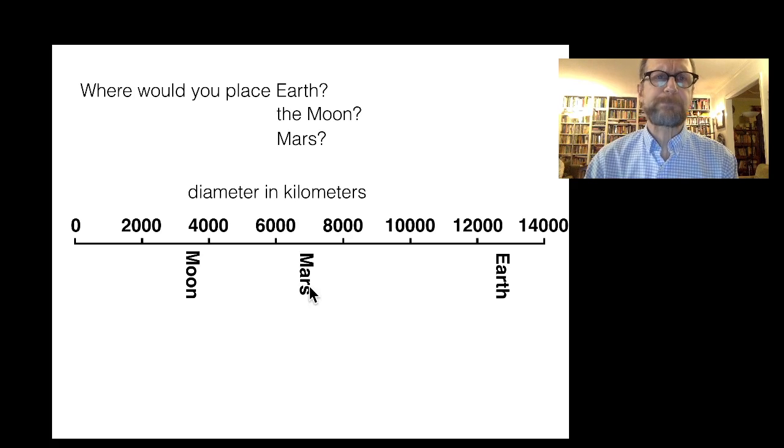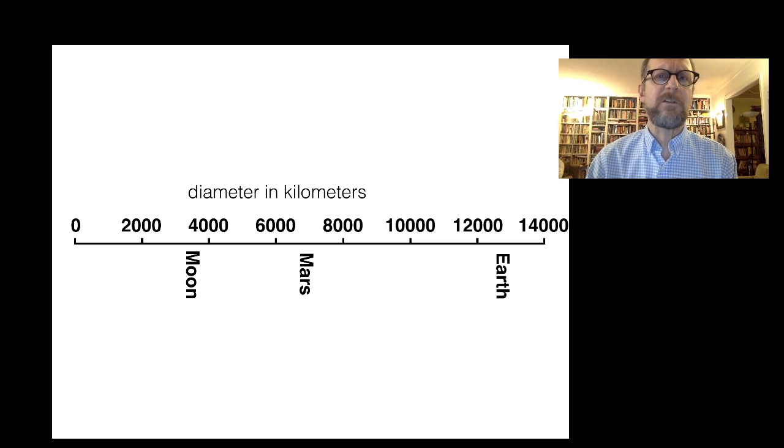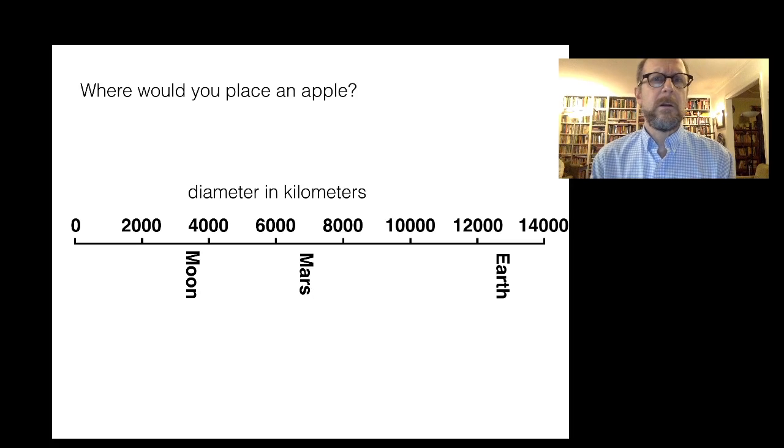So now my question to you is, on this number line, where would you place an apple? So you could have the planets as well as fruit. Well, think about it, and I'm assuming you're thinking, gosh, they're going to be over here right next to the 0.